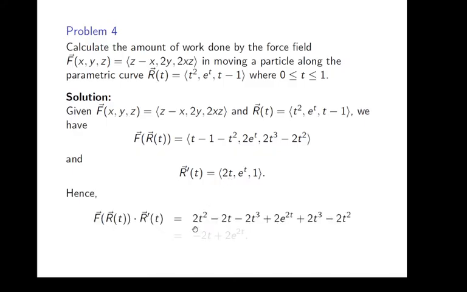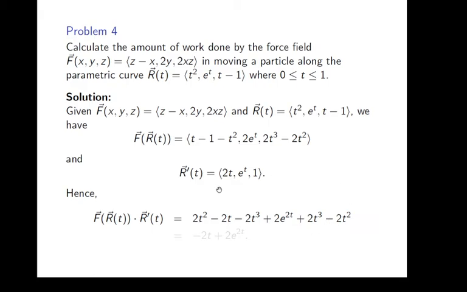That will be 2t squared minus 2t minus 2t cubed. Now 2e to the t times e to the t will be 2e to the exponent 2t. And finally, 2t cubed minus 2t squared times 1 will be 2t cubed minus 2t squared.